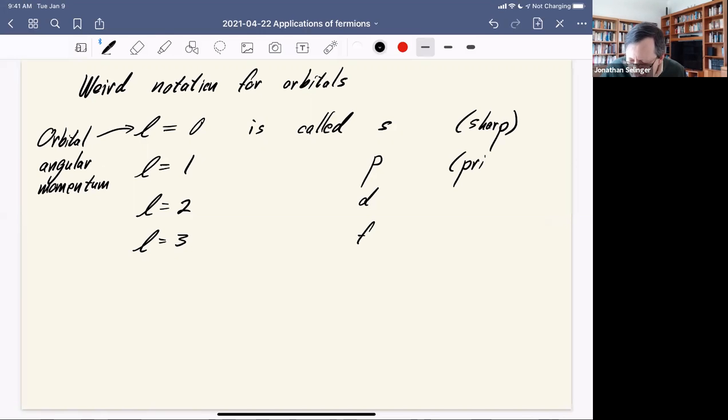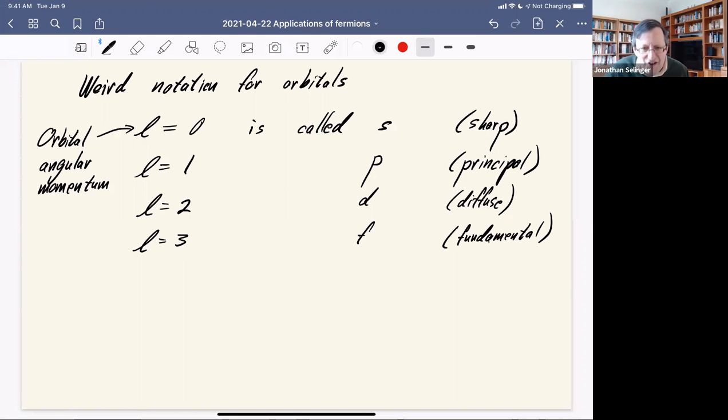And some of them look like the most noticeable ones. We'll call them the P for principal lines. And D is for diffuse. And F is for fundamental. I don't know how they really came up with these letters, but these names have stuck, okay?